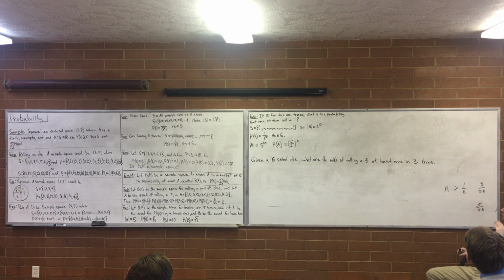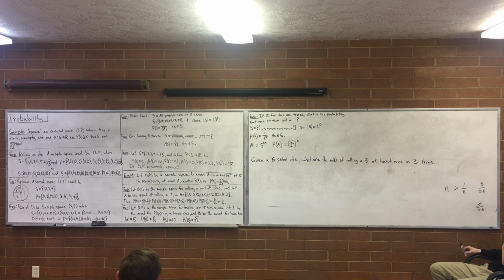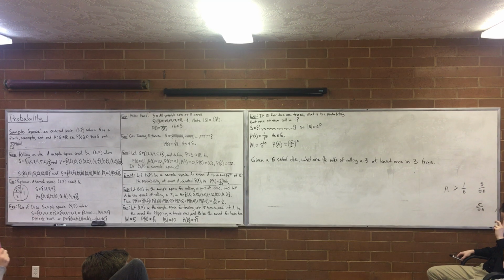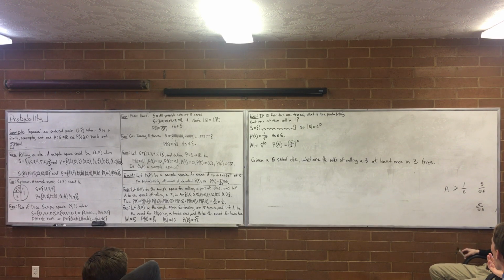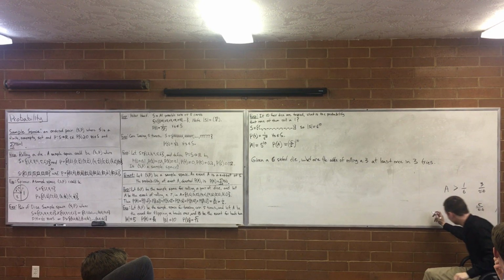Next thing I'll say is, if you can't figure it out that way, think about the odds of losing instead of the odds of winning. Okay. Oh, okay, that makes more sense, I guess. 2 to the 3 over 6 to the 3.